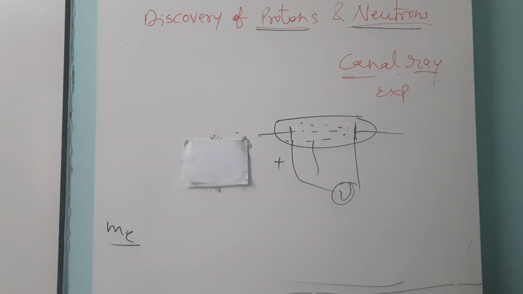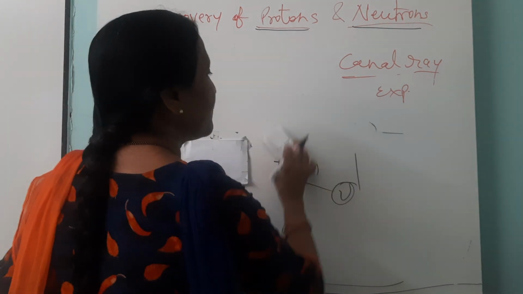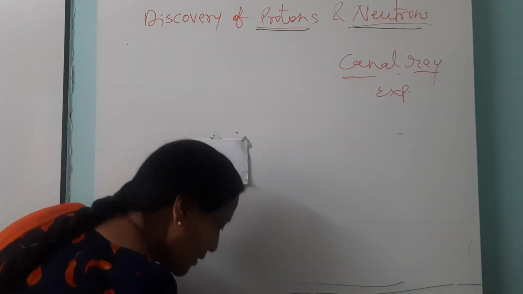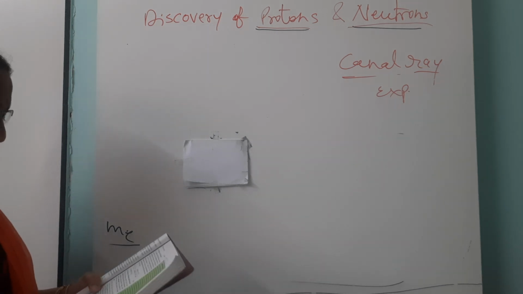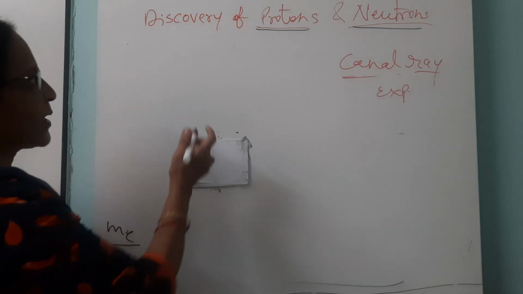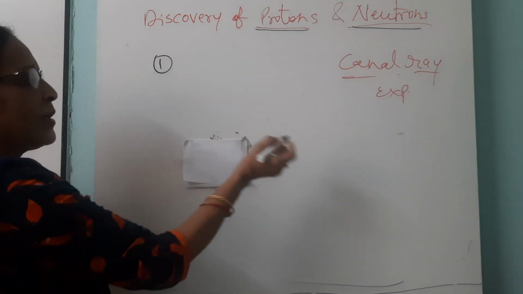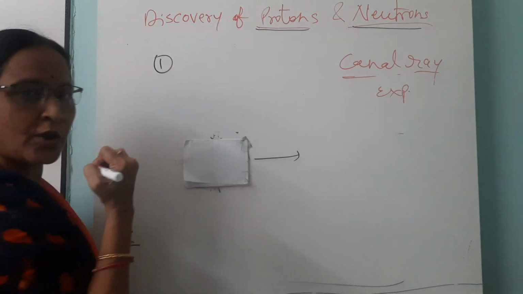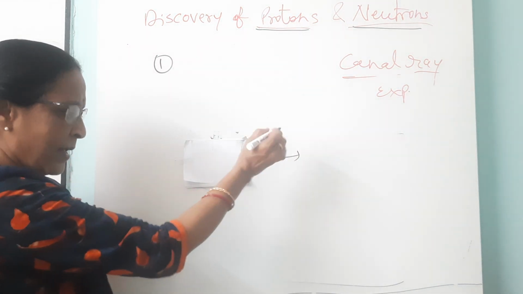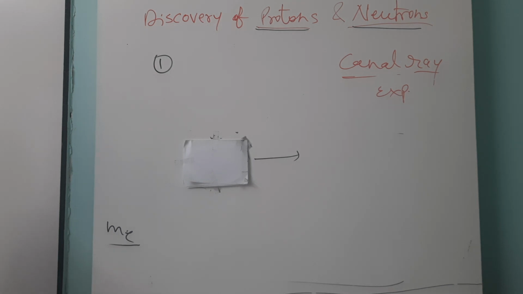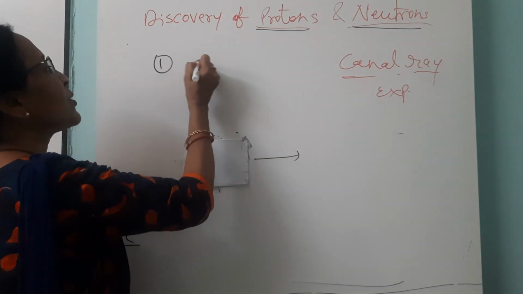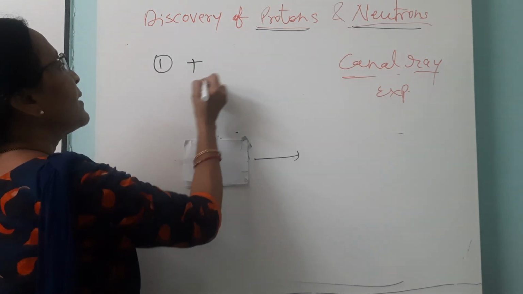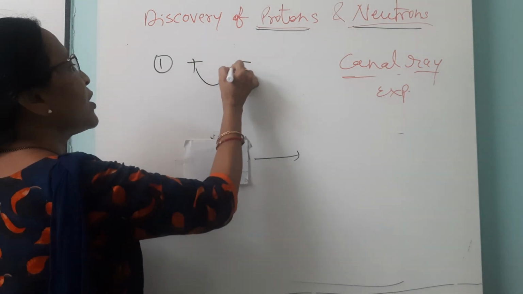But what conclusion is taken after the experiment? Student, this is important because there are 4 points, and the question may be asked for 2 marks. Unlike cathode rays, where the effect was shown towards the positive electrode, here these anode rays show positively charged particles moving in the direction of the negative electrode.